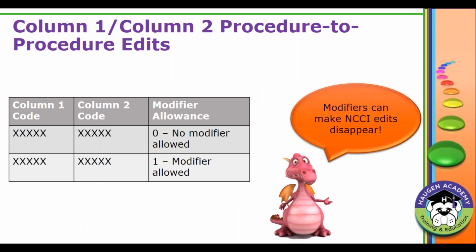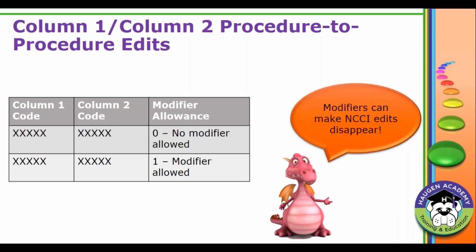A real down and dirty primer on the CCI: when you open up one of the CCI edit files, it's going to pull up a spreadsheet that lists three main columns. There are a couple of other columns in there that we don't really need to worry about, but your column 1 code is our comprehensive code.